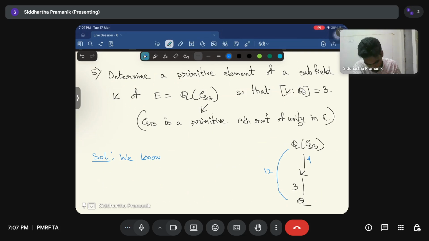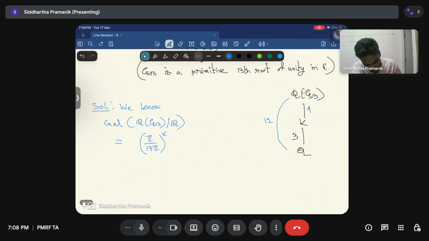We know the Galois group of Q adjoin zeta 13 over Q is simply the multiplicative group of Z mod 13Z. And this is a cyclic group, right? That we know. So this is just all the elements which are relatively prime to 13 and less than 13. 13 is a prime number, so all the elements will be here.